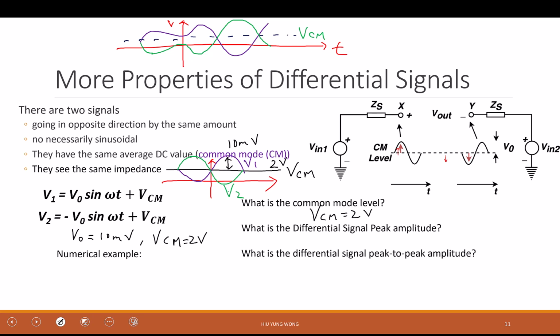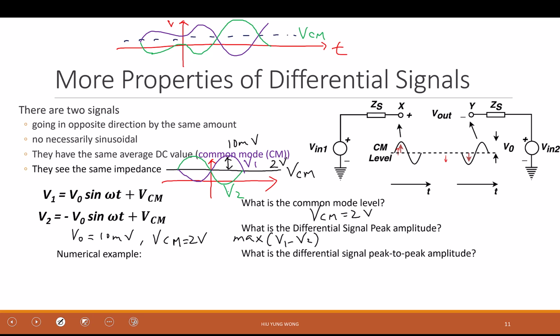Now I care about the differential circuit. What is the differential signal peak amplitude? By itself, what is the peak amplitude of one signal? 10 millivolts. But we are doing differential, so we can take a look. The peak is going to be the maximum of V1 minus V2.